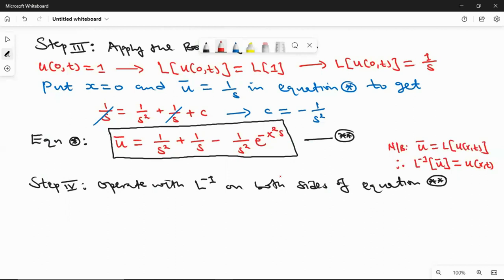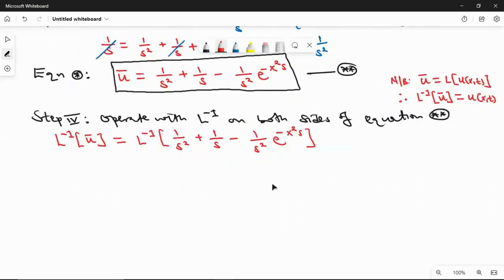So on that equation star, we are going to take L inverse of u bar equals L inverse of the right-hand side, that is 1 over s squared plus 1 over s minus 1 over s squared exponential negative x squared times s. So that's what you get.